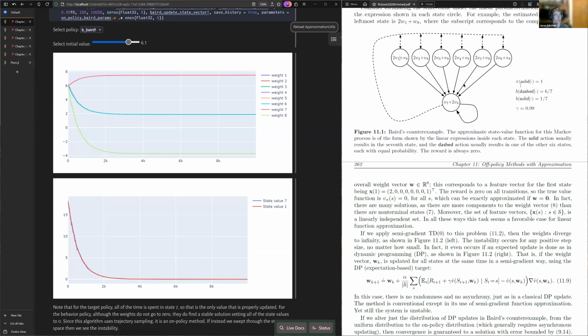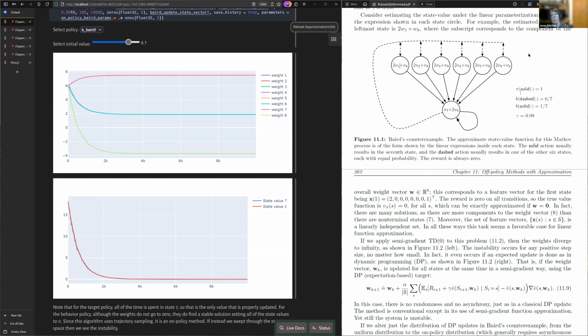The form of the function here is just arbitrary. It's based on the feature vectors that we've selected for these states, and the feature vectors are just something that was selected.